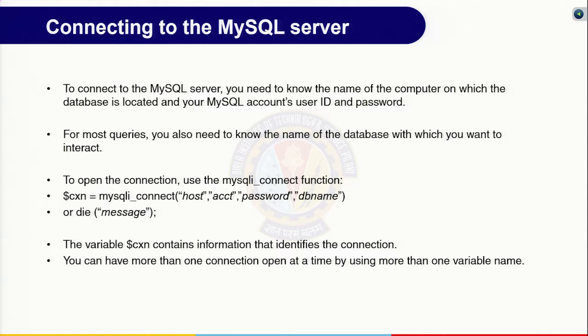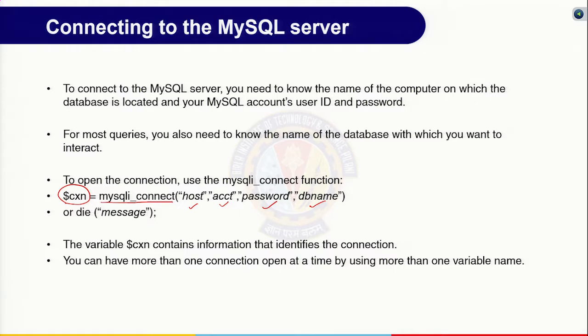To open a connection, we will use the MySQLi connect function. In the MySQLi connect function, host represents the computer in which the database is located, followed by the account, the password, and the DB name. DB name is optional. The connection is created and it is mapped to the variable CXN.